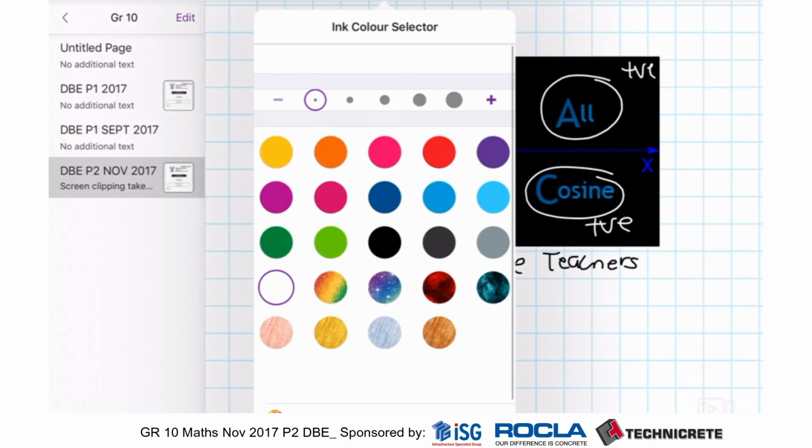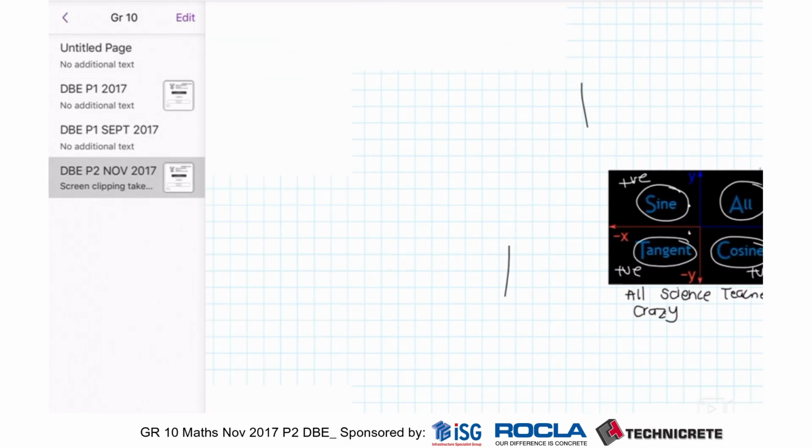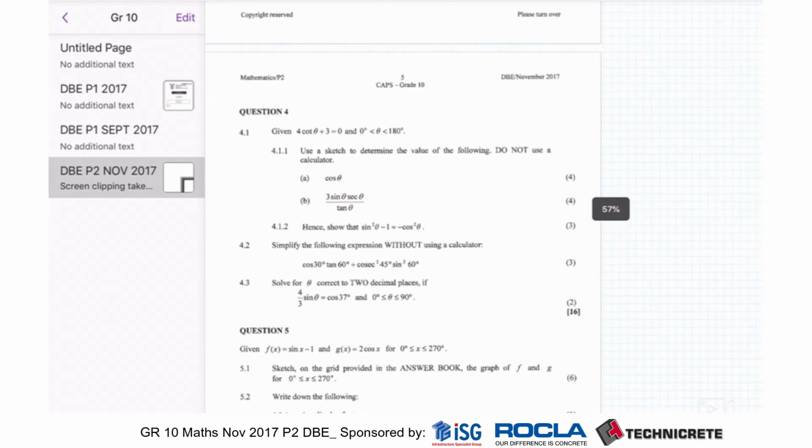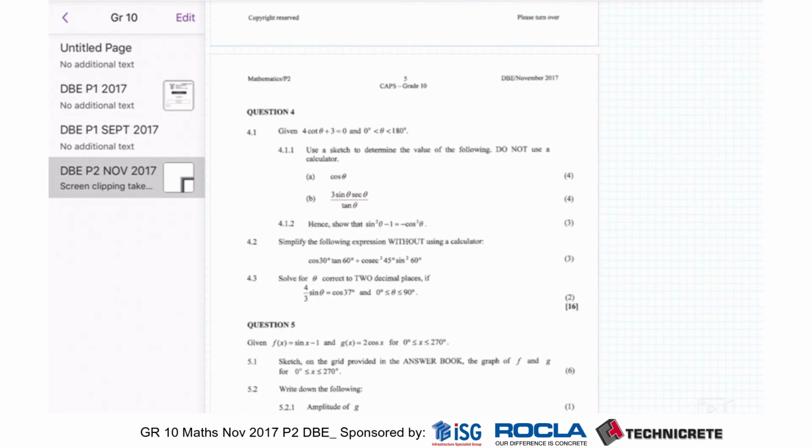Okay, so let's go back. Use a sketch. So we have to use a sketch, but before we use a sketch we need to first simplify this. So it's 4 cot theta plus 3 is equal to 0. We want to isolate cot.